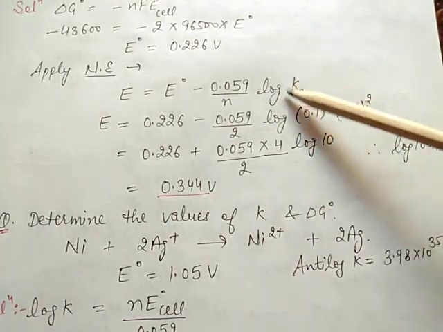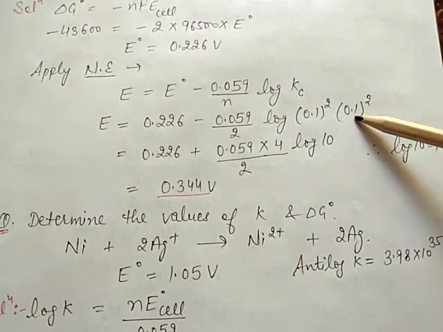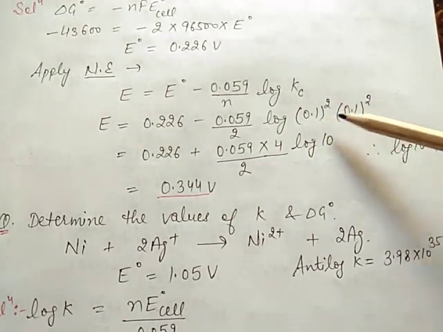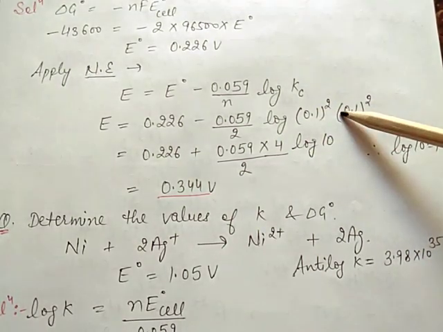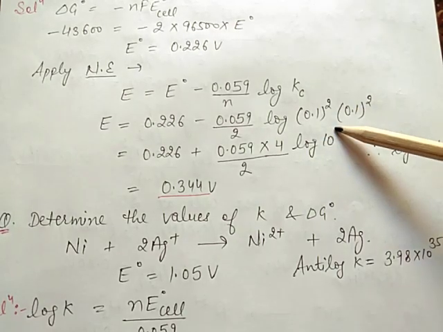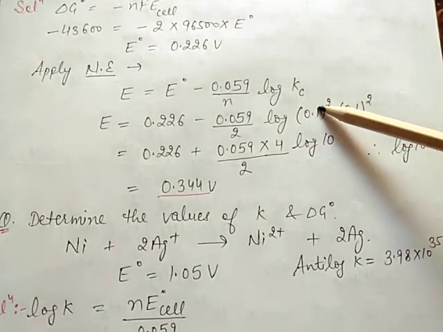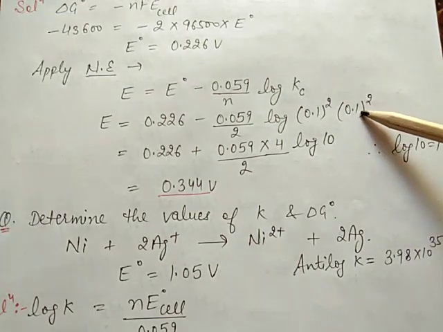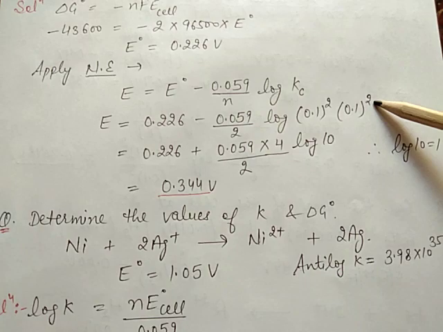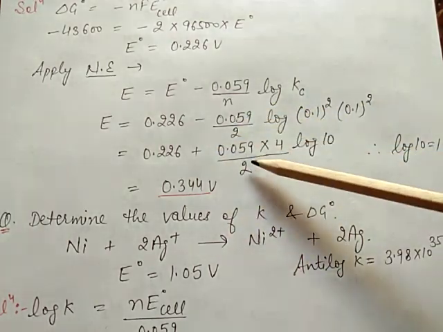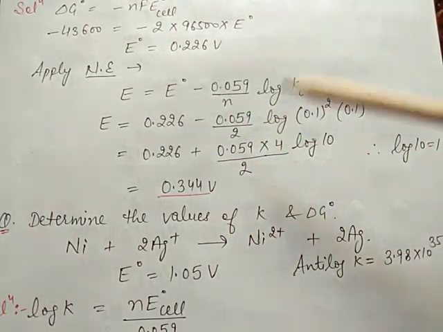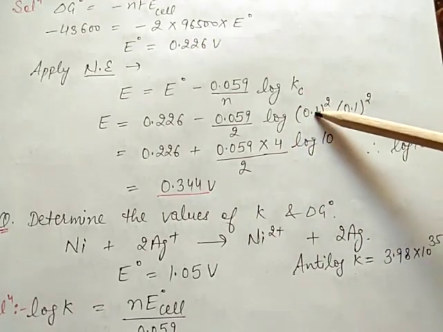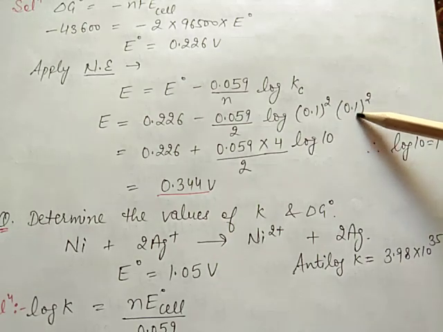Log of Kc is the concentration of product divided by reactant, but in this equation only the product concentration is given and not the reactant concentration. So we have 0.1 squared, means 2 moles, and 0.1 squared, that is also 2 moles. After calculating this value, log of 0.1 squared into 0.1 squared.